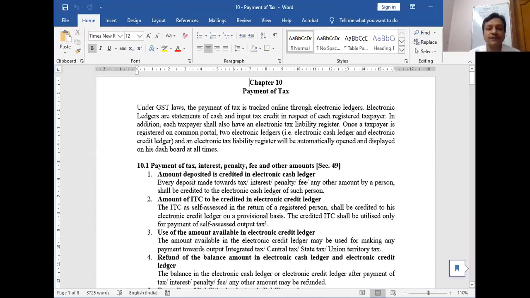I hope the screen is visible. Is this screen visible? Kindly reply through the chat window. Okay, great.